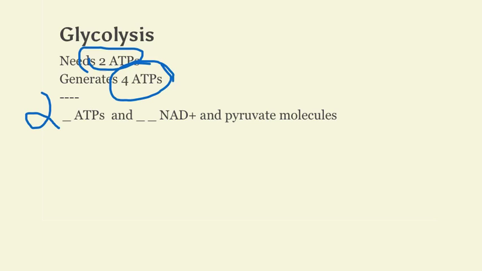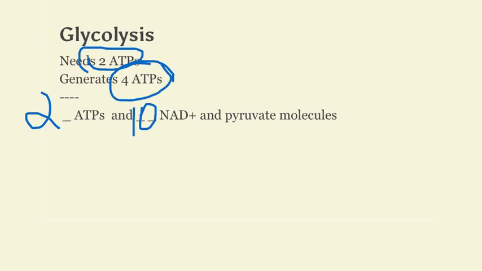You're also going to be left with these pyruvate molecules and 2 NAD pluses. We're going to talk about NAD pluses a little later down the road when we get to the electron transport chain.